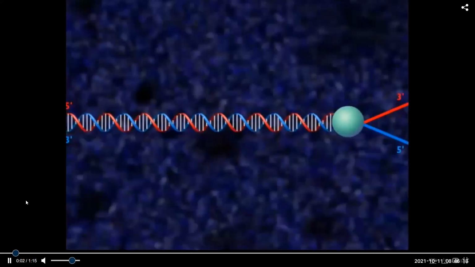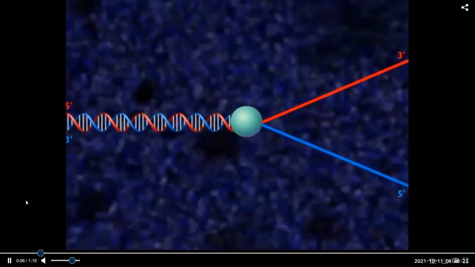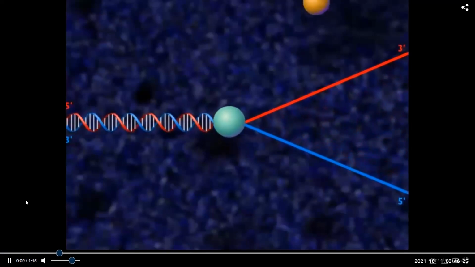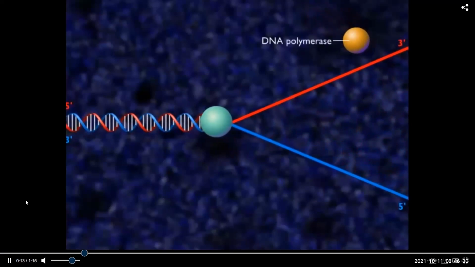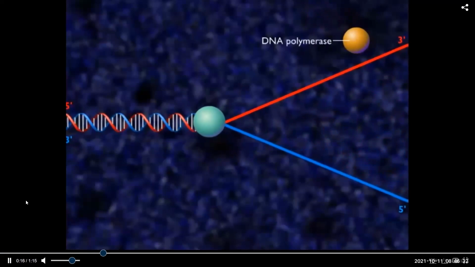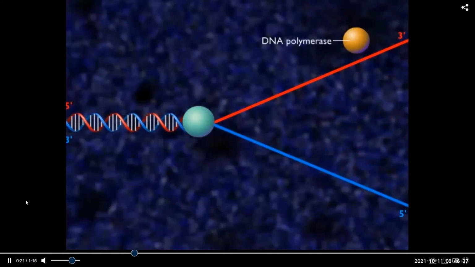DNA replication begins when the enzyme helicase unwinds a segment of the DNA and opens up the hydrogen bonding between the two complementary strands of DNA. DNA polymerase, the enzyme that synthesizes DNA, can add new nucleotides only to the free 3' end of a nucleotide strand. To provide a free 3' starting point, a short primer is synthesized first. Synthesis of the other strand of DNA is more complex.